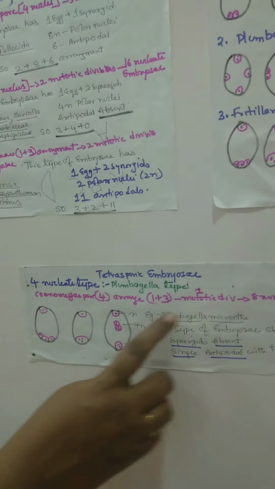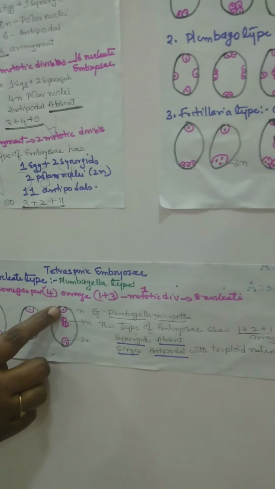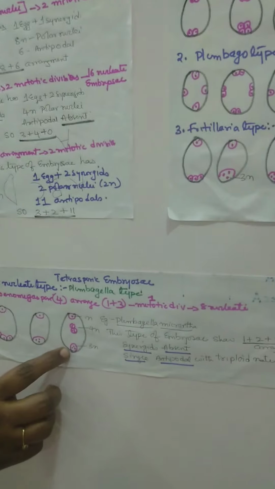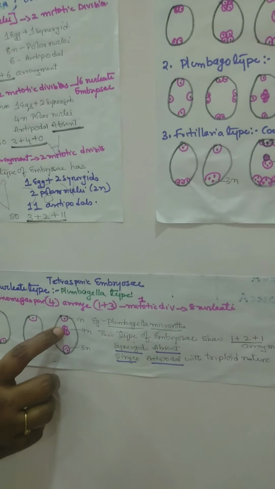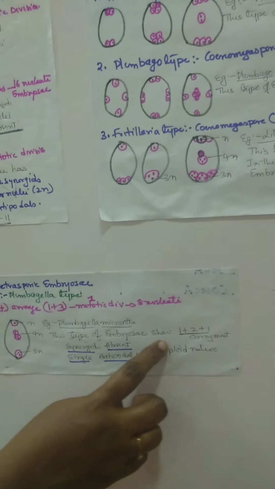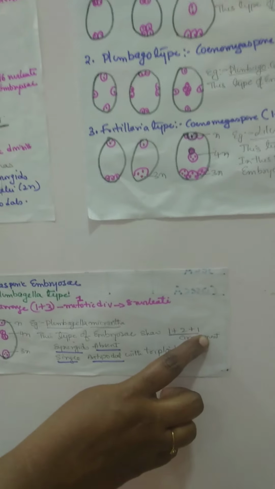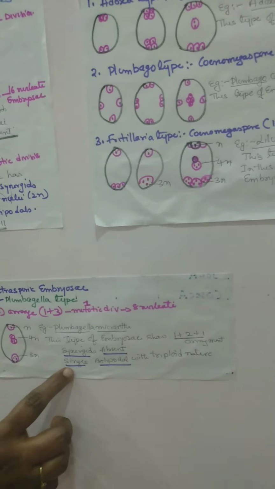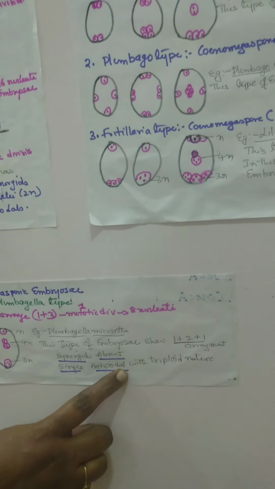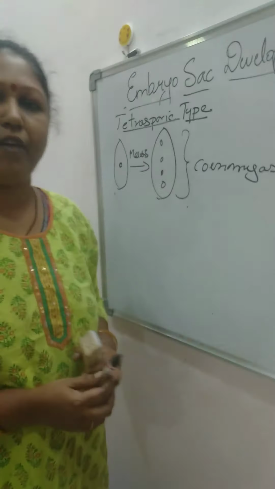Okay, and now they undergo just one single mitotic division, and we find that 2 cells are formed on the upper side as well as the lower side, and we find that 1 nucleus from either side migrates into the center, and we find the mature embryo sac is 1 plus 2 plus 1 arrangement, that is synergids are absent and the antipodal is only single in nature and it is triploid in nature. So this is all about the tetrasporic types of embryo sac.